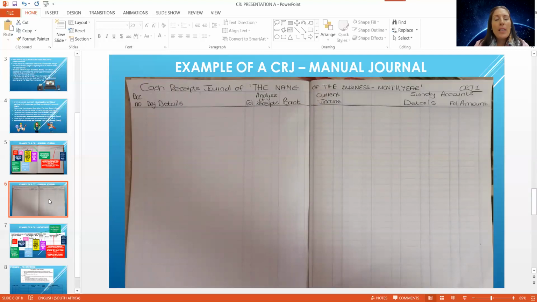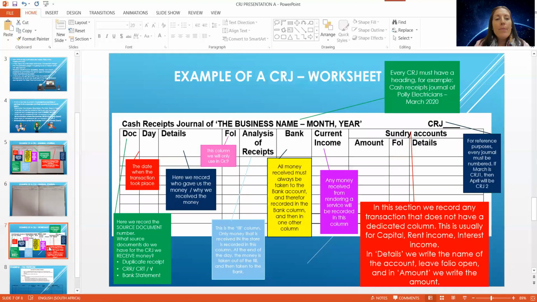If you have a book that looks like that, it will just help you to prepare your columns and start with the naming and numbering of your columns. Then those of you who work on worksheets, this is just the same explanation on your worksheet.